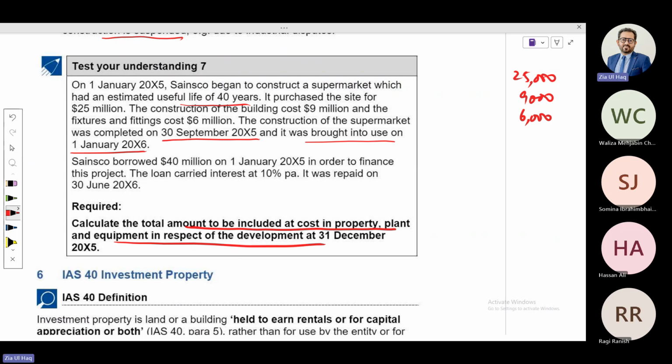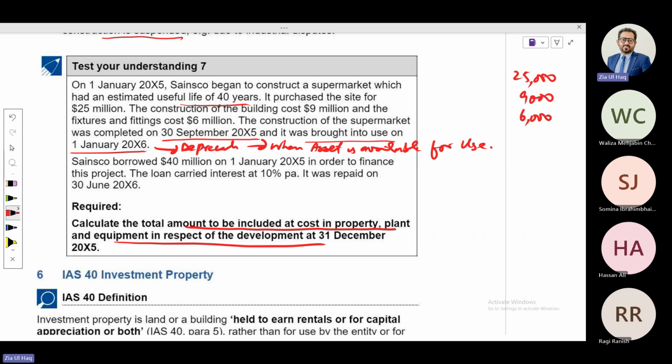But the asset was available for use on 1st of January, and we need to charge depreciation when the asset is available for use, rather than when the usage started. It was available for use from 1st January.